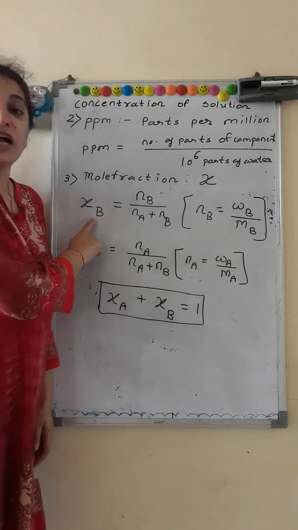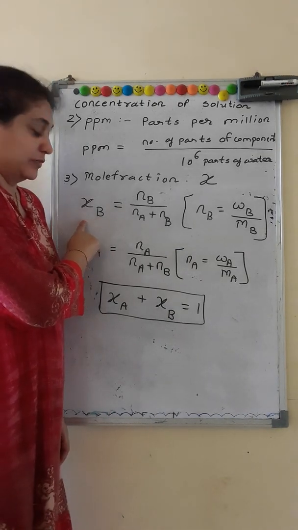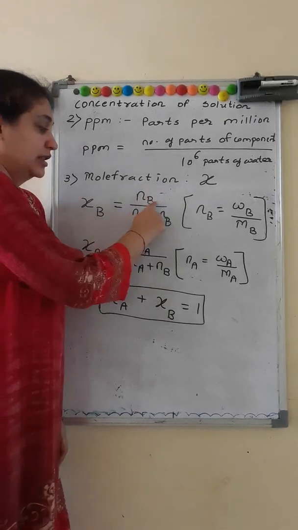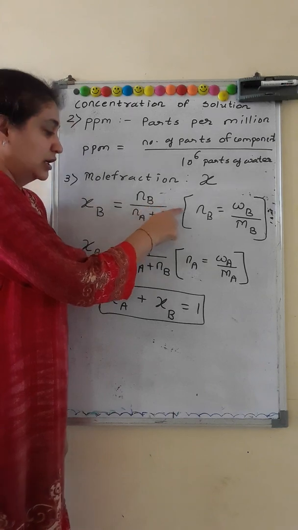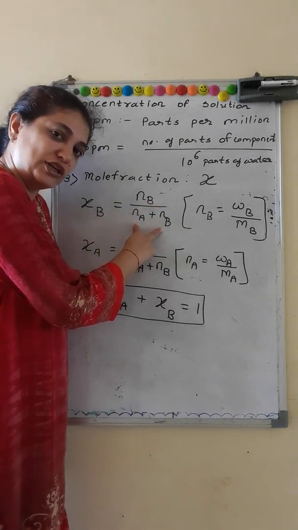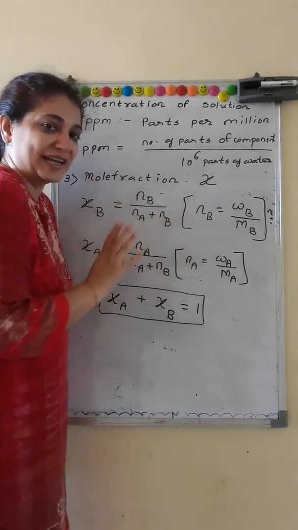So if chi B represents mole fraction of solute, then it is number of mole of solute divided by number of mole of solvent and solute, if it is containing only two components. If it contains three components, one more term will be added here.